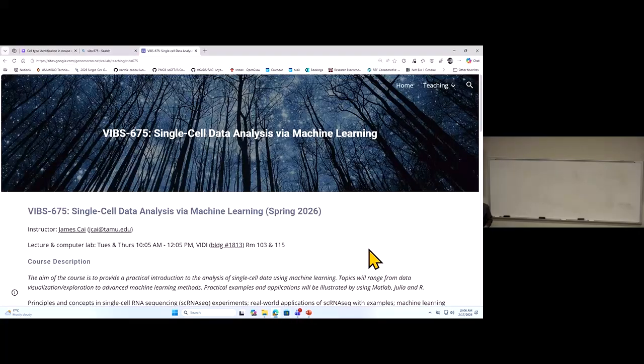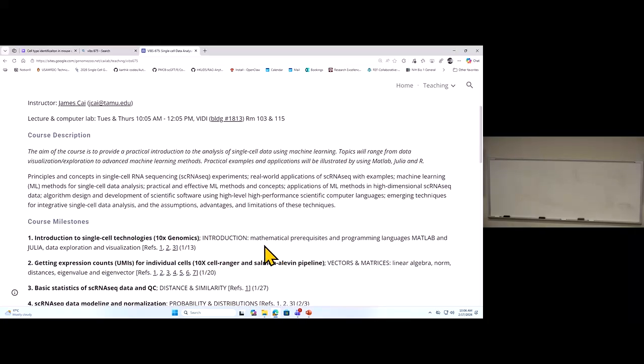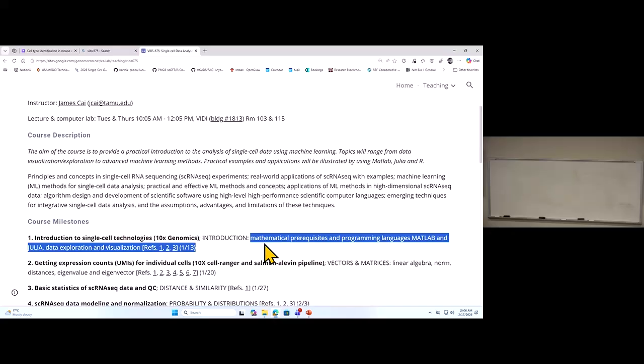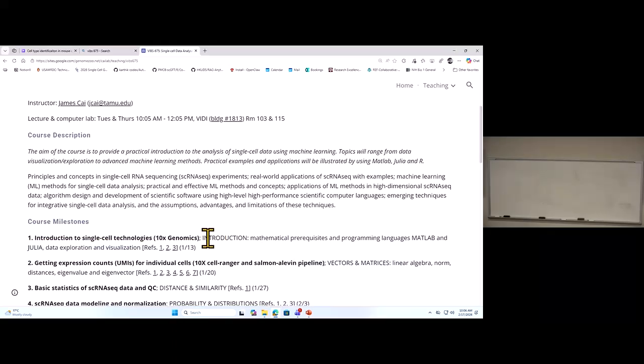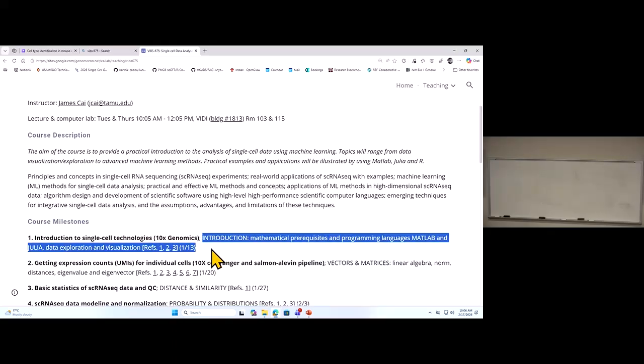So this is the website for the course. In week 1, we have this history of machine learning. We talked about the computer languages, and had a quick introduction of what single cell technology is, especially 10x Genomics, droplet-based.